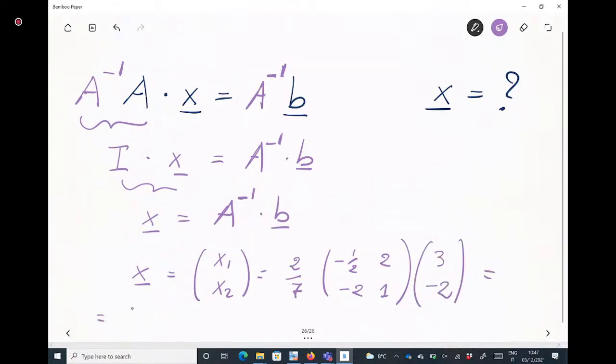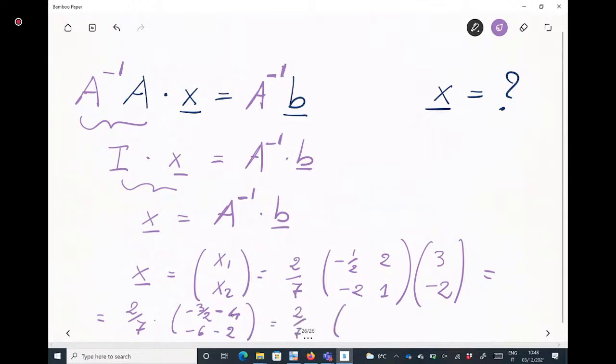Perform the computations. 2 over 7 remains a factor. Minus 1/2 times 3, minus 3 over 2, minus 4, the first element of the vector, minus 3 over 2 minus 4, and this becomes minus 6 minus 2. That is 2 over 7.